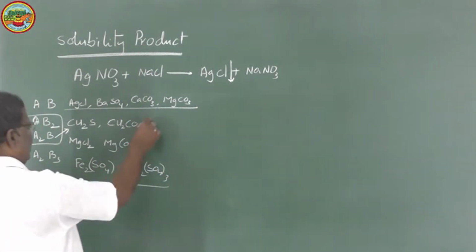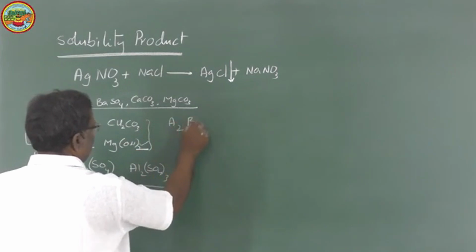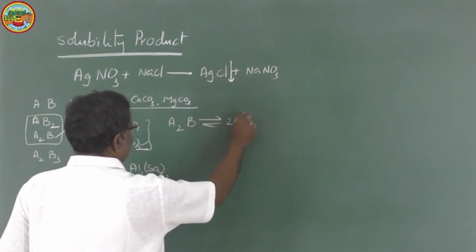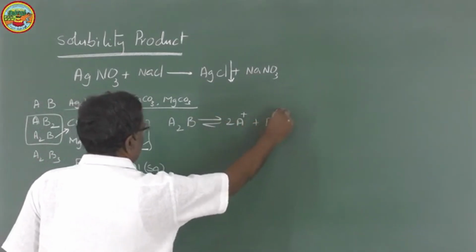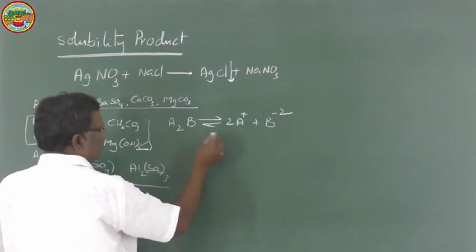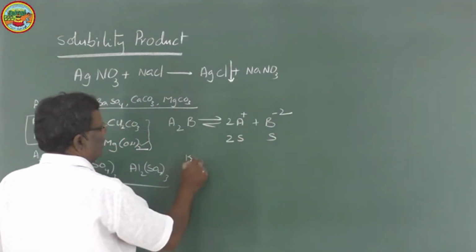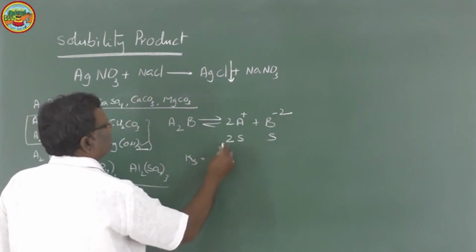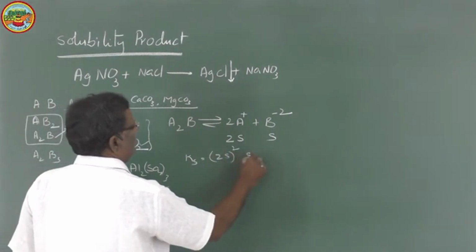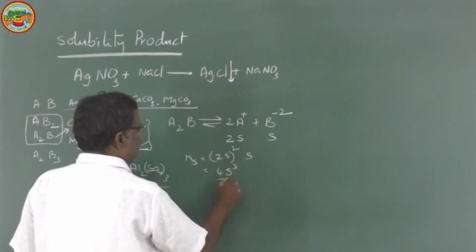So if we take this type of salt, A2B, it dissociates to give 2A plus and B minus 2. If solubility is S, you will form 2S and S. So the solubility product KSP can be written as 2S whole square into S, so it will be 4S cube.